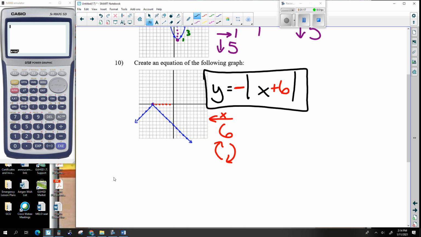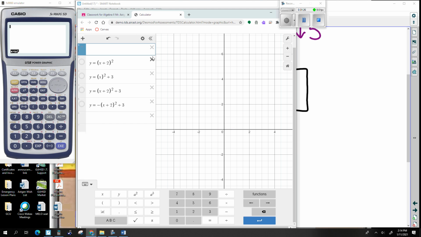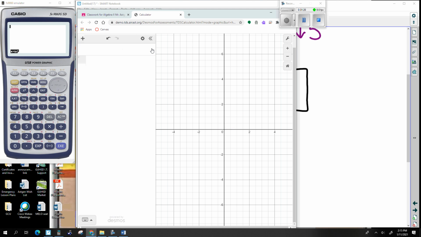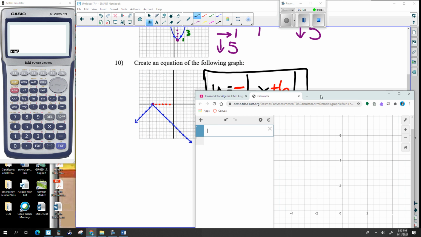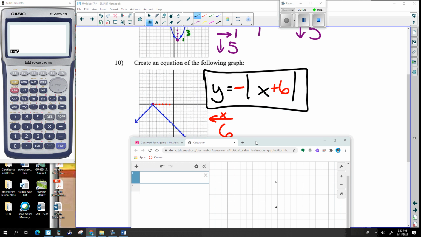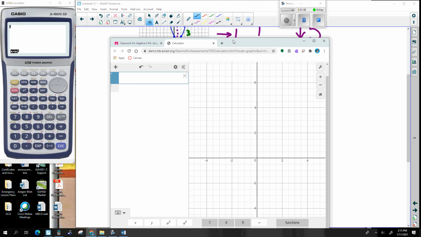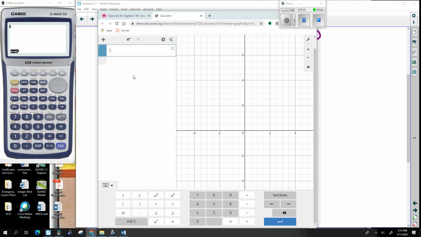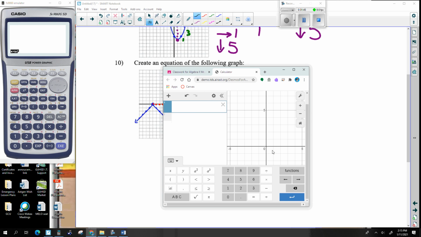Now, if you want to, you can use your Desmos program. Okay, you can use your Desmos. I kind of created an example here. So for instance, if I think the answer to number 10 is negative absolute value of x plus 6, I can test it out to see if that's true. All right.